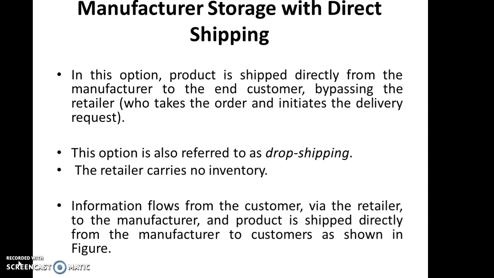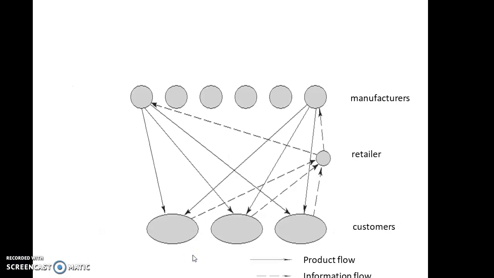So the information flows from the customer via the retailer to the manufacturer, and the product is shipped directly from the manufacturer to the customer, as described in the figure. If we see the diagram, you can easily understand the process.